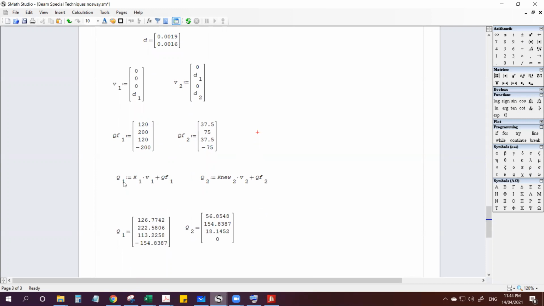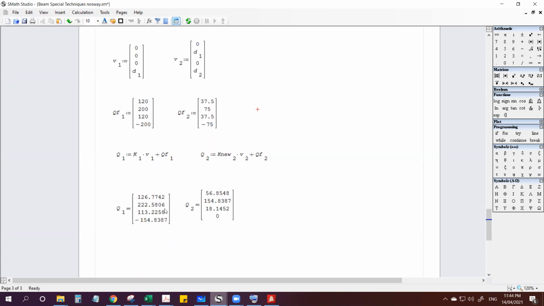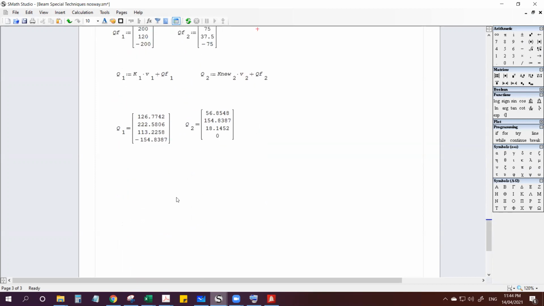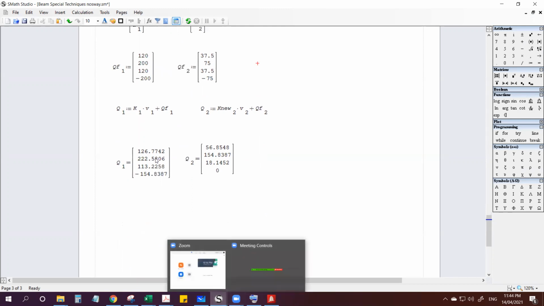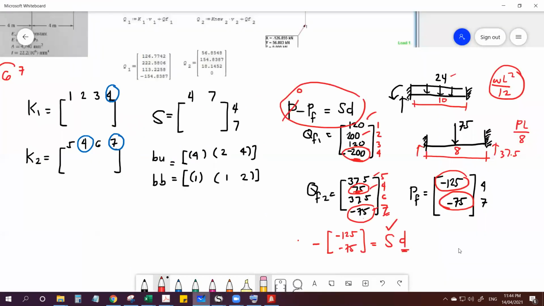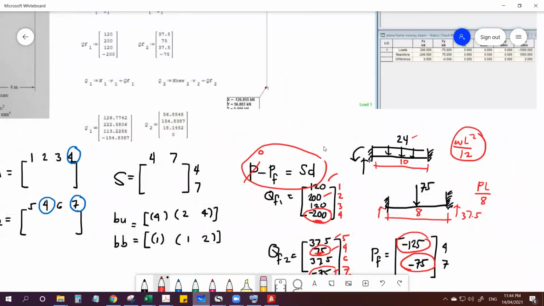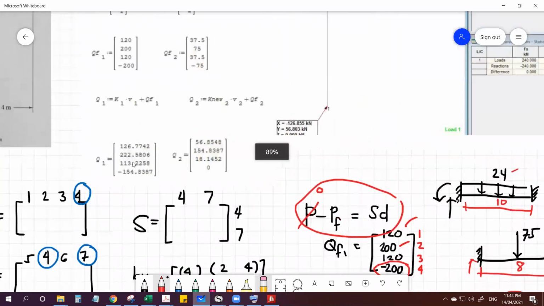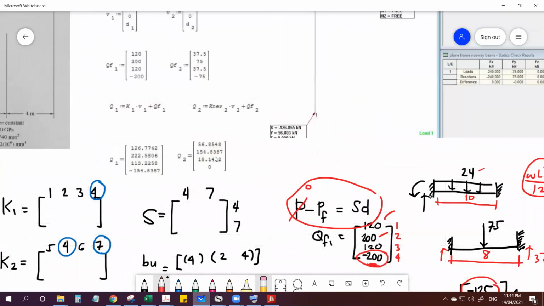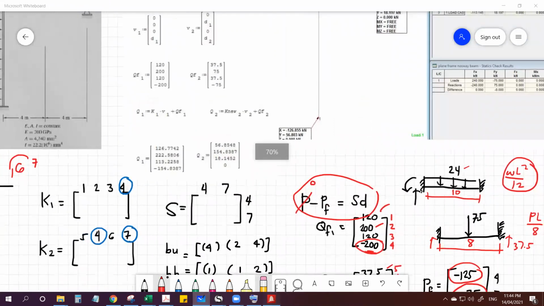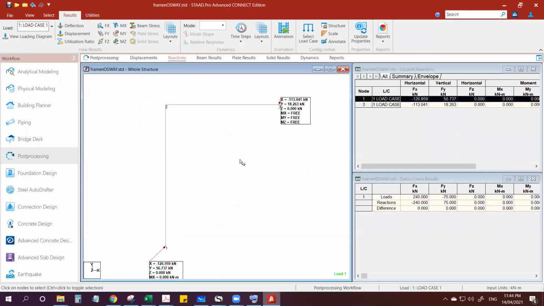And getting Q1, using this formula, we will be able to get the local member forces, Q1, Q2 here. So I pasted this already here. This one. And this is our corresponding STAAD model.